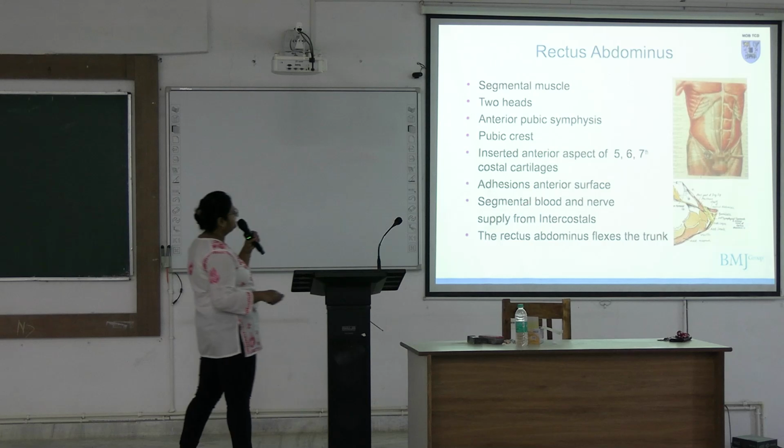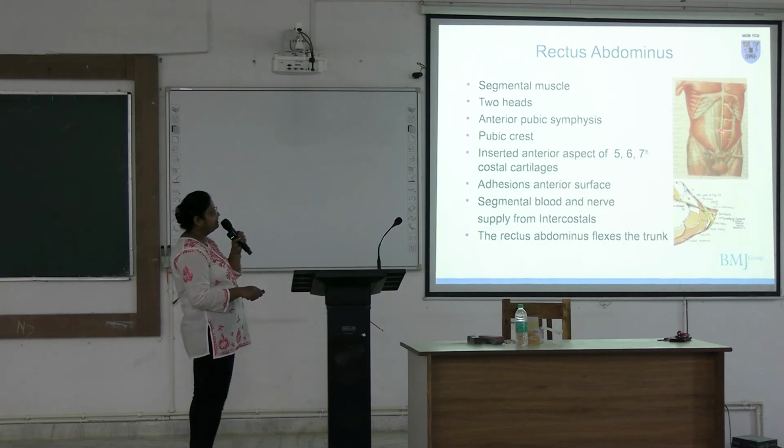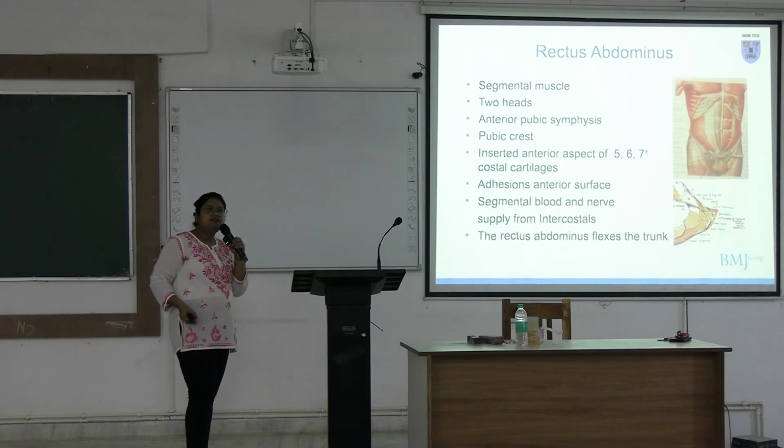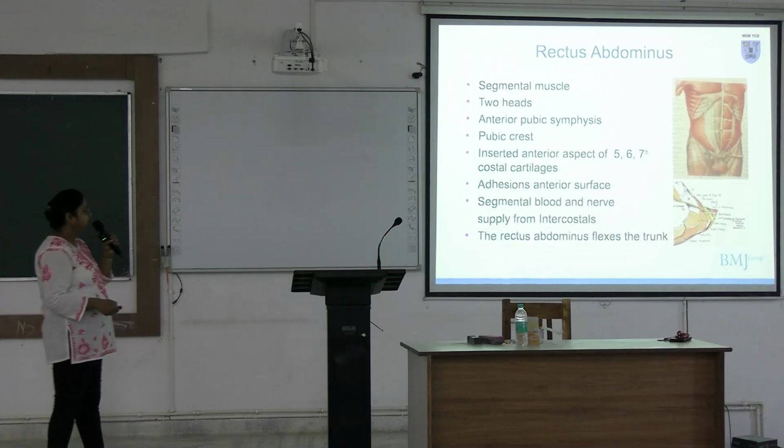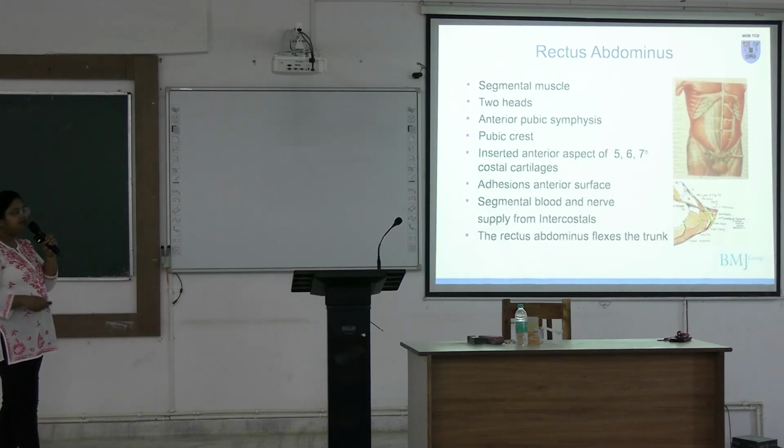It has adhesions on the anterior surface, these tendinous intersections, and it has segmental blood and nerve supply from the intercostal vessels and intercostal nerves. The rectus abdominis helps in flexing the trunk.